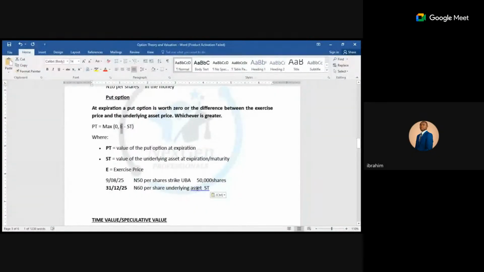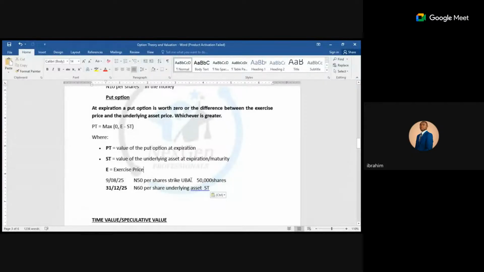Now, the exercise price minus ST, the maximum of 0, whichever is greater between these two, the 0 and the difference, gives us the intrinsic value of a put option. A put option is an option to sell.